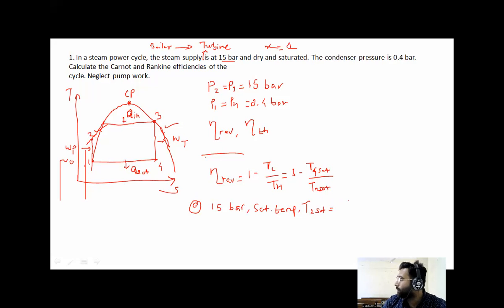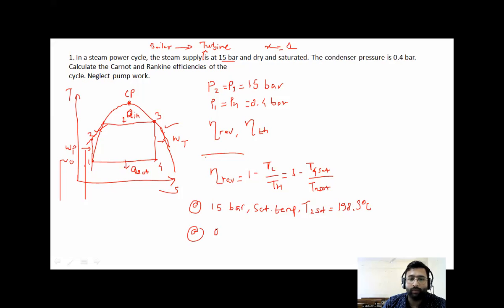Or in your mobile app also you can type 15 bar pressure, dryness fraction, you give anything, it will give you the saturation temperature. Some people try on mobile, some on the steam table, no problem. 198.3 degrees Celsius or degrees Kelvin? Degrees Celsius, correct. Those who are in online mode, please check.